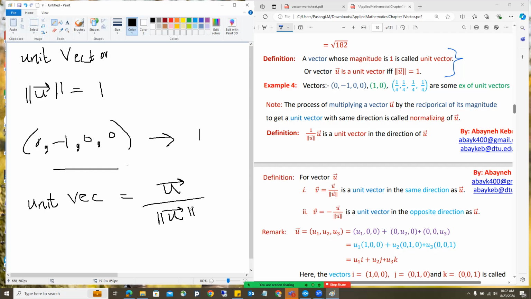That's how we can find the unit vector in the direction of u. Is it clear? So let's assume we have that vector u like this. We need to find the unit vector. In Sinhala, we call it the Ekakadaishika, unit vector. To find this unit vector, since we have this vector u, we can divide vector u by the magnitude of u, which then gives us the unit vector. Okay?